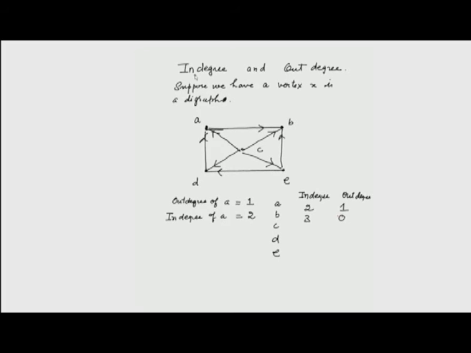Then in C all are out degrees. So, we have got 4 and no in degree. For D, in degree is 2, out degree is 1, and for E, in degree is 1 and out degree is 2.